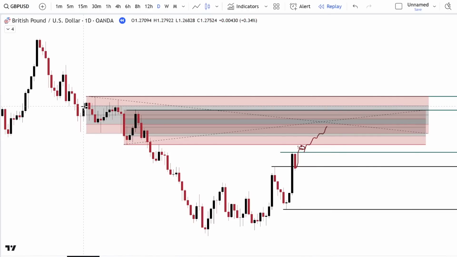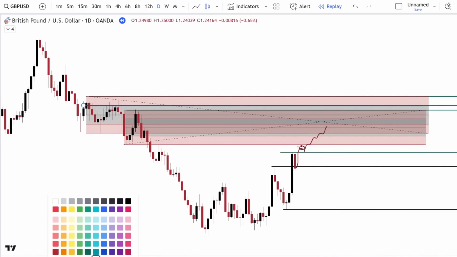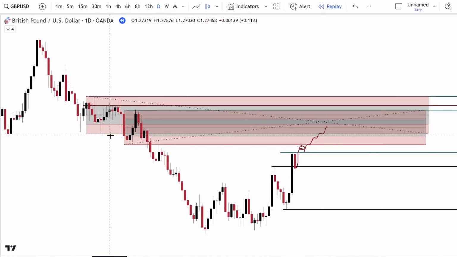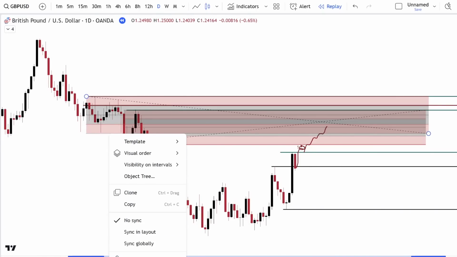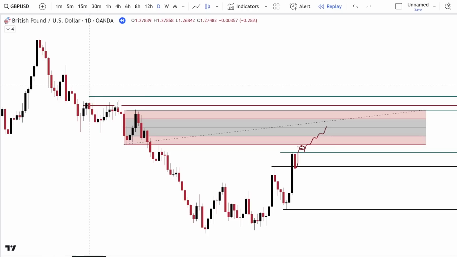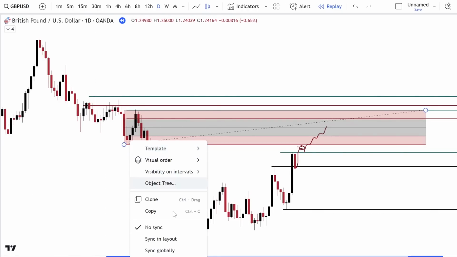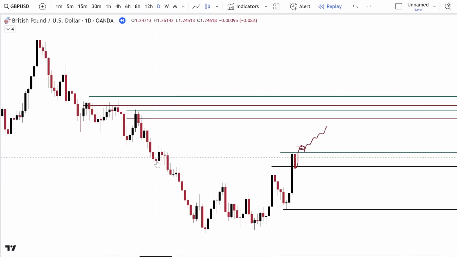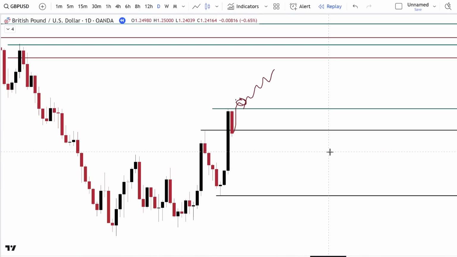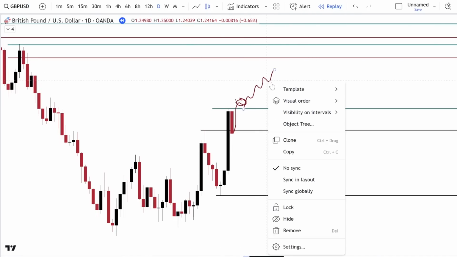So obviously here, this would be your extreme. Let's make it red. That's one. Now, this is your other extreme. Extreme is your top 25% or your bottom 25%. Obviously, in this case, we're looking at the top 25%. So we have a bullish trend up to this point.